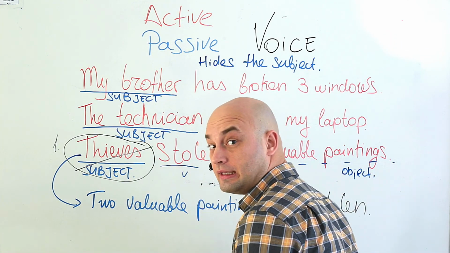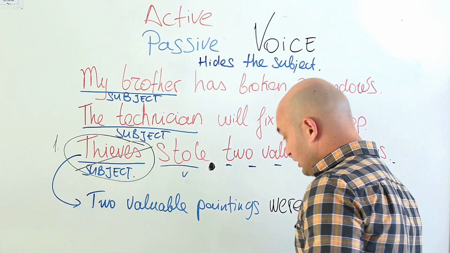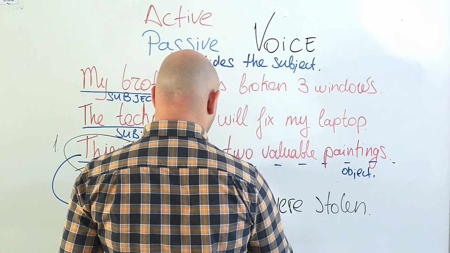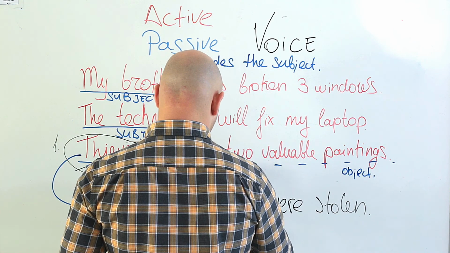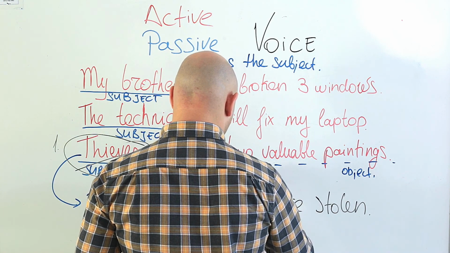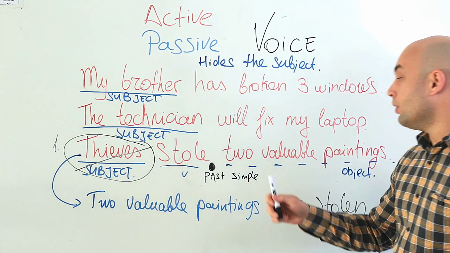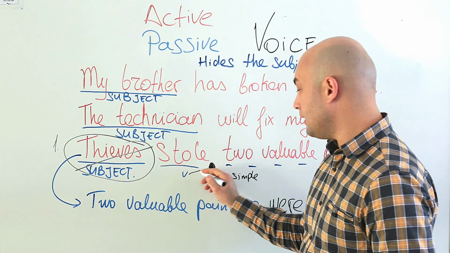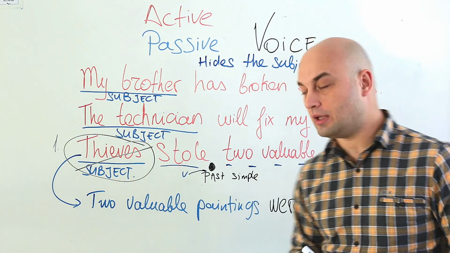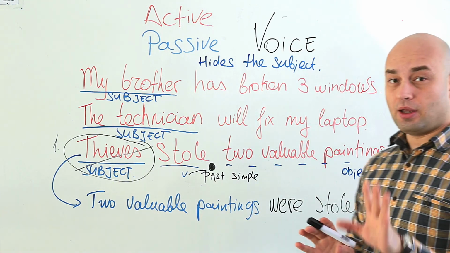I'm so excited about the passive voice that my handwriting is horrible because I want to make it very clear and very quick. Past simple, also known as simple past, yeah? So this verb is in past simple. "Stole." So I need to remember that. That's my second step. I need to remember that.